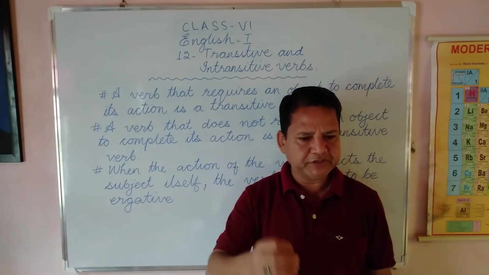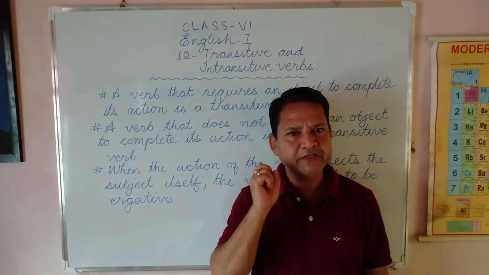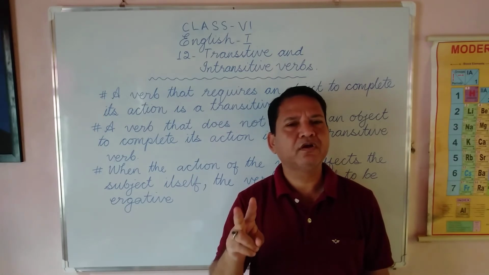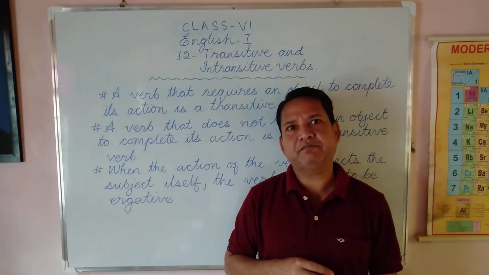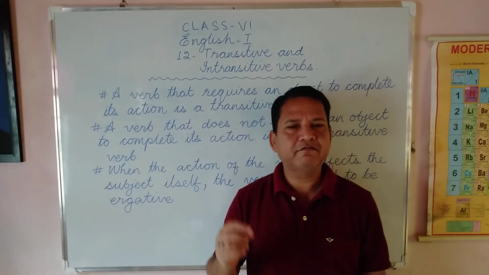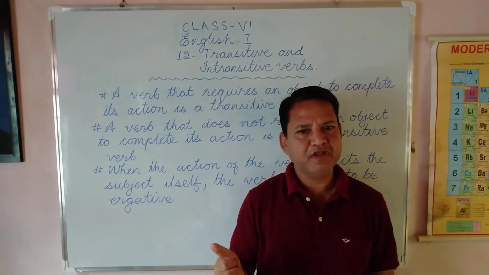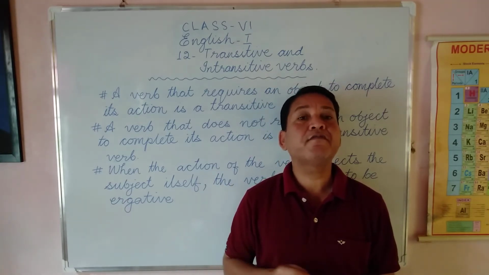So what the subject is doing is called the predicate. Basically two parts. A sentence cannot be complete without a subject. A sentence must have a subject, verb and predicate. If any one of these is missing, then it becomes a phrase.